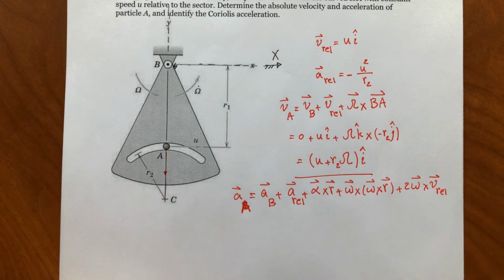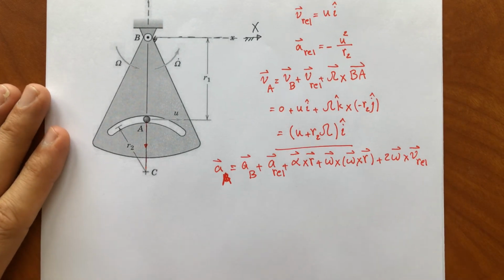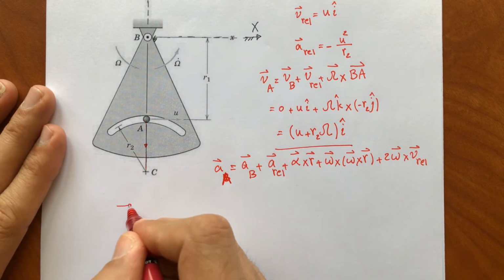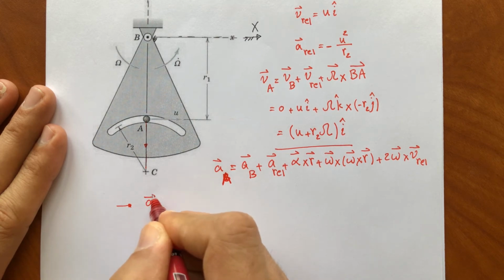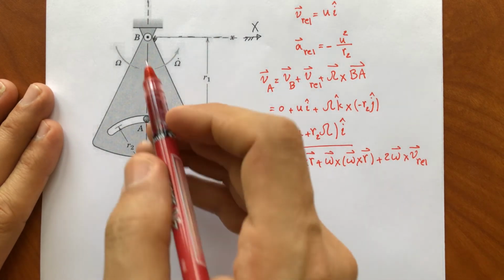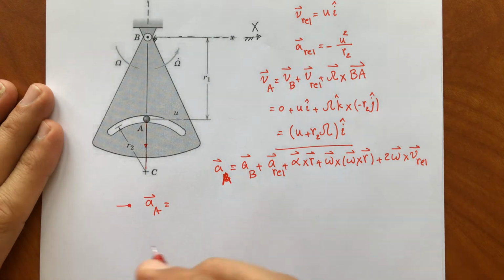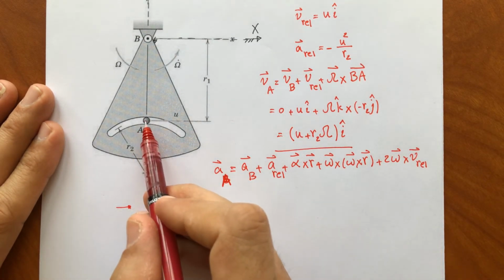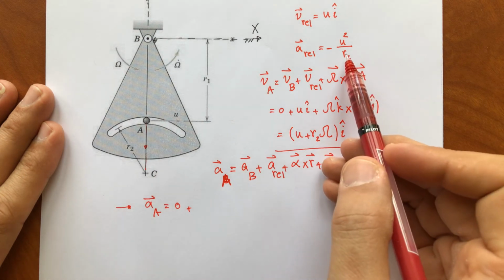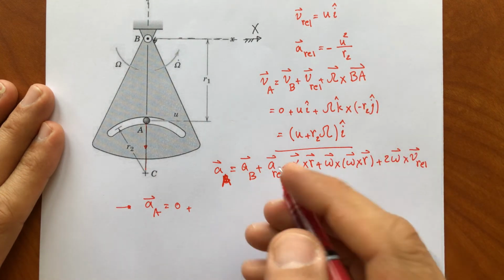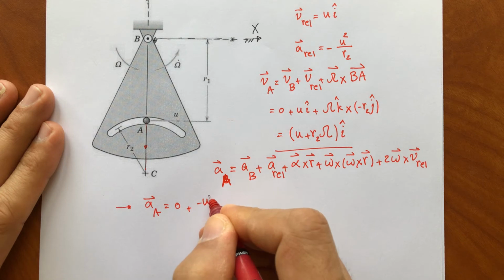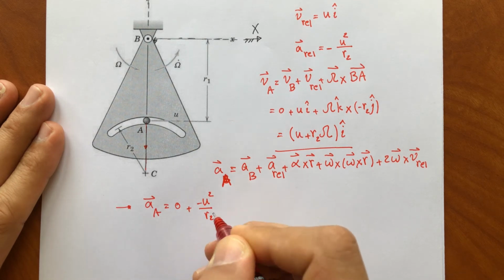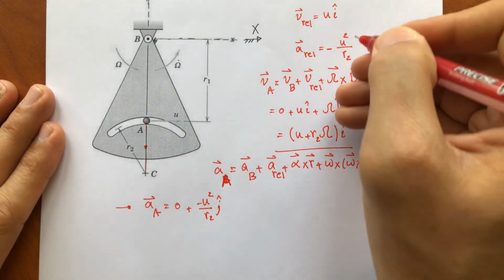I wrote down the equation first. Now we can plug in all the values. Acceleration of A is going to be equal to acceleration of B, which is 0, it's a fixed point. The relative acceleration of the particle in the rotating frame, we found it here. So it's going to be negative u squared over r2 in the j direction. I forgot j here.